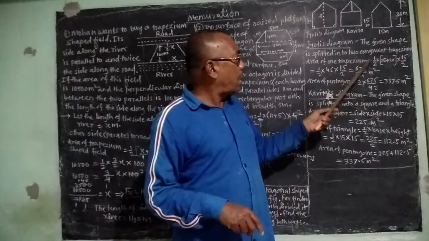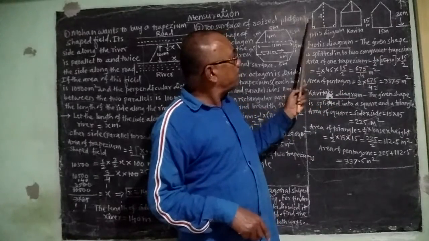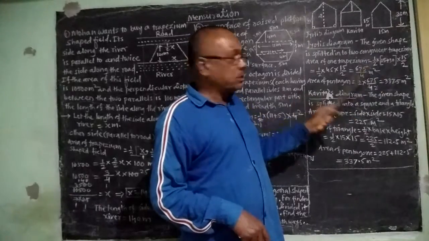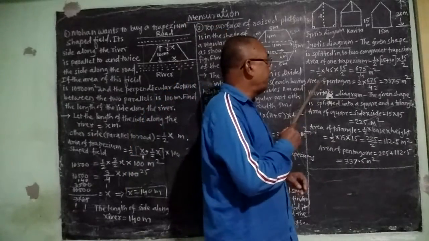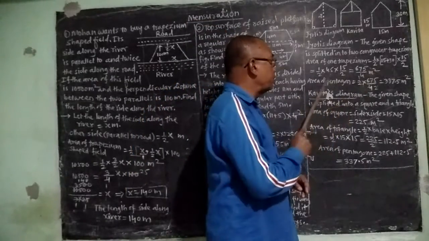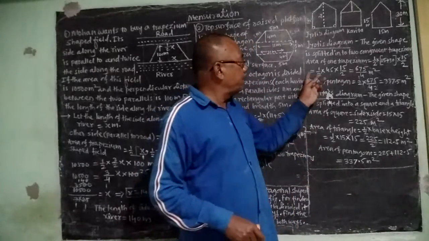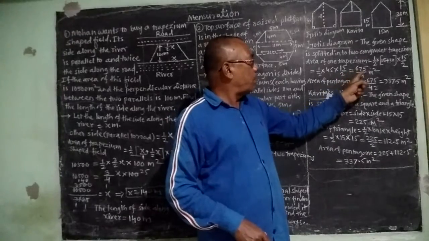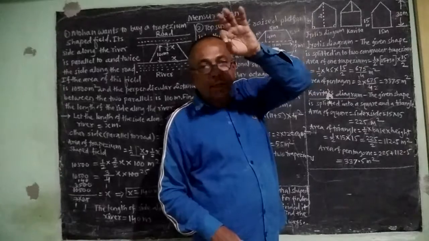So it will be 1/2 into 15 plus 30 into the perpendicular 15 upon 2. So 1/2 into 45 into 15 upon 2. After simplification we will get 675 upon 4 meter square. That is the area of the one trapezium.